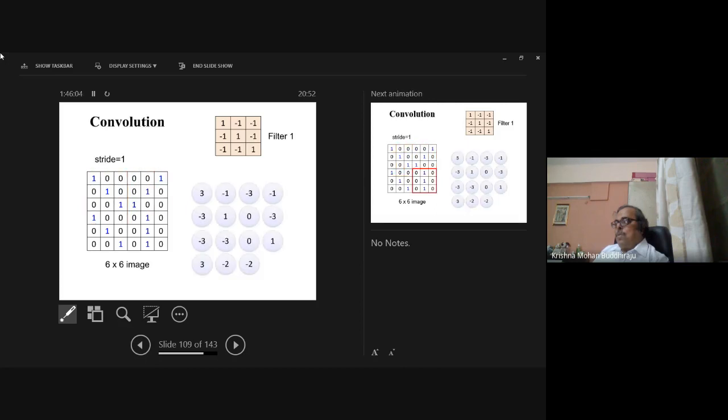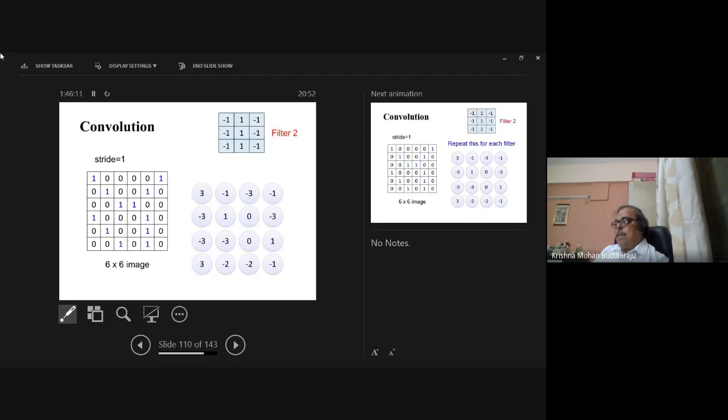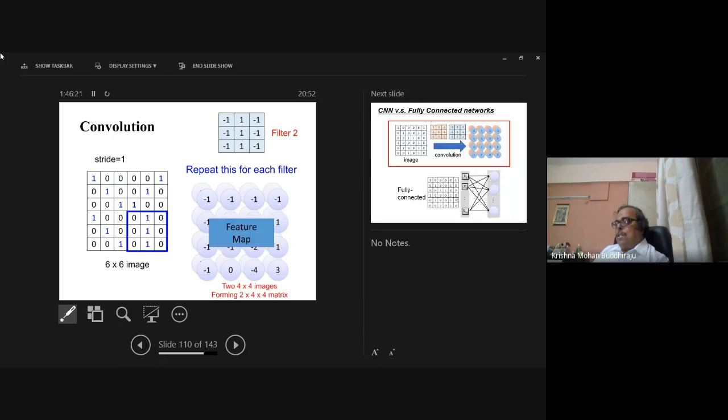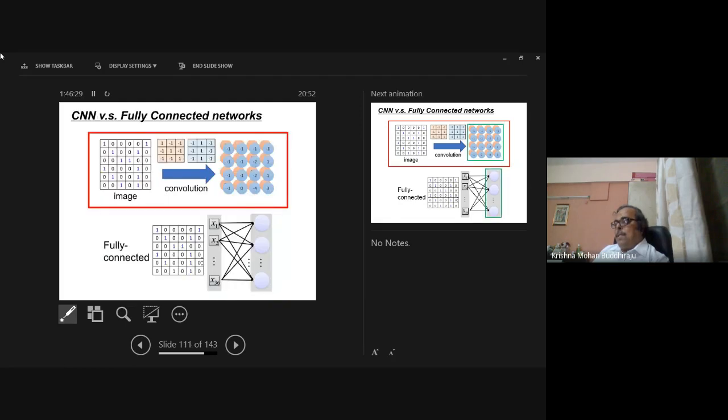Let's skip through this quickly. So you generate such filtered images. As many filters as you have, that many images you generate. Ultimately, you get what's called a feature map.